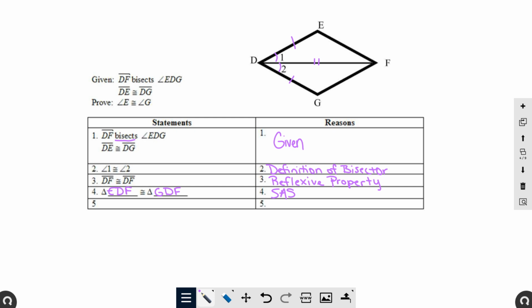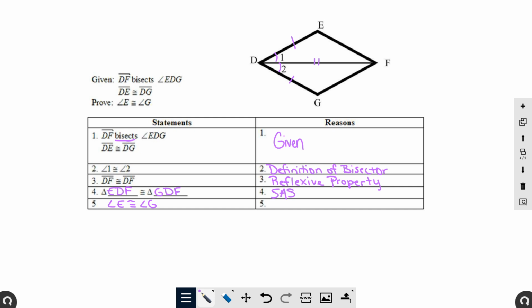Now, we have one more statement here. What should go in our last statement? What we want to prove, which is angle E is congruent to angle G. Now, this is the reason that you wrote down at the top of your paper, because it says the triangles are congruent in this first statement. So if the triangles are congruent, everything's congruent about them, right?